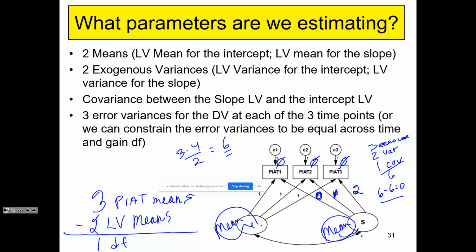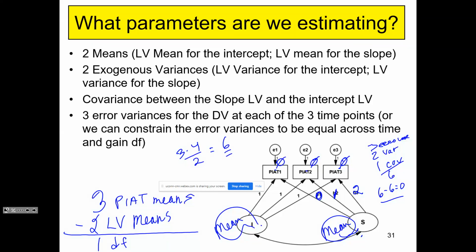Because you pick up additional parameters that you're estimating: the variance of the quadratic, plus the covariance of the quadratic with the linear and with the intercept. If you allow all of the error variances to be freely estimated, then what you get in that situation is a variance covariance model that is just identified.